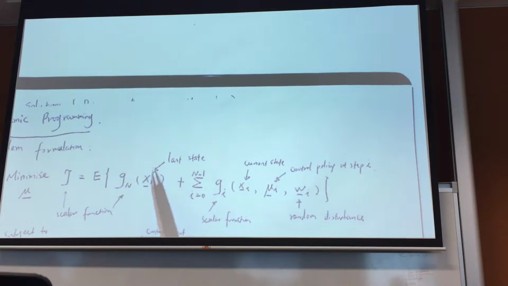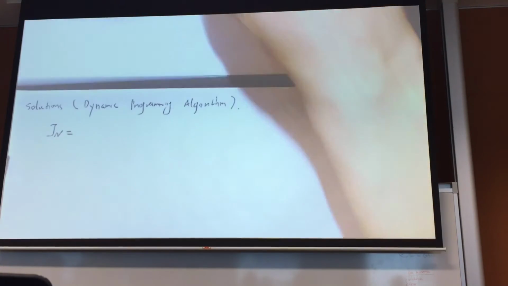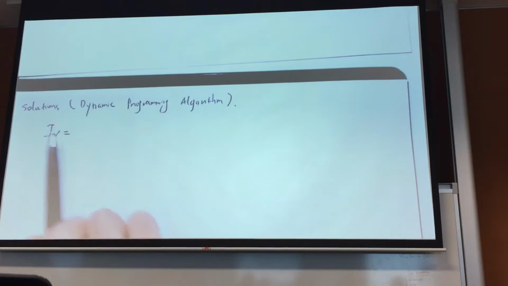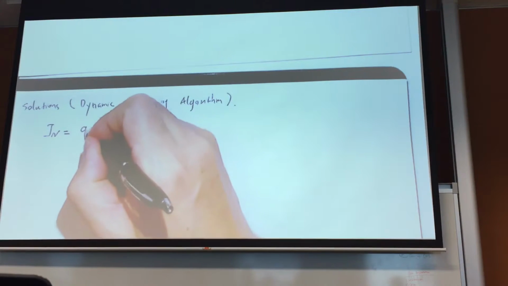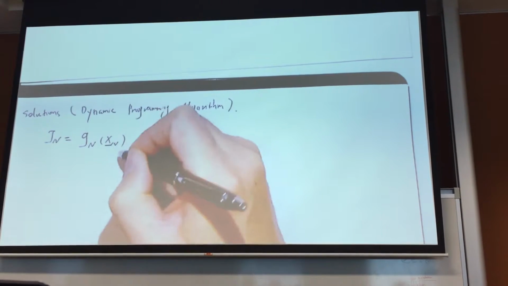So currently we don't know the value for this one, but in mathematics, these are the final state. For the final state, we can define the cost just given by this Jn of xn.